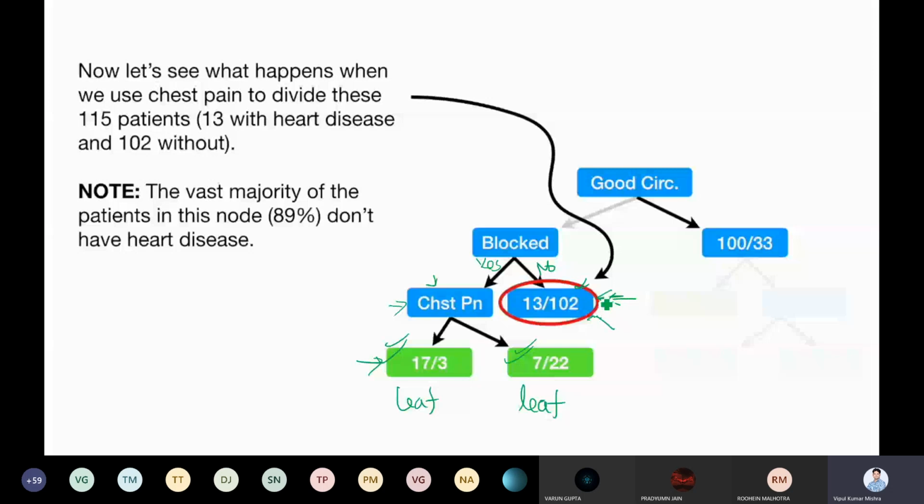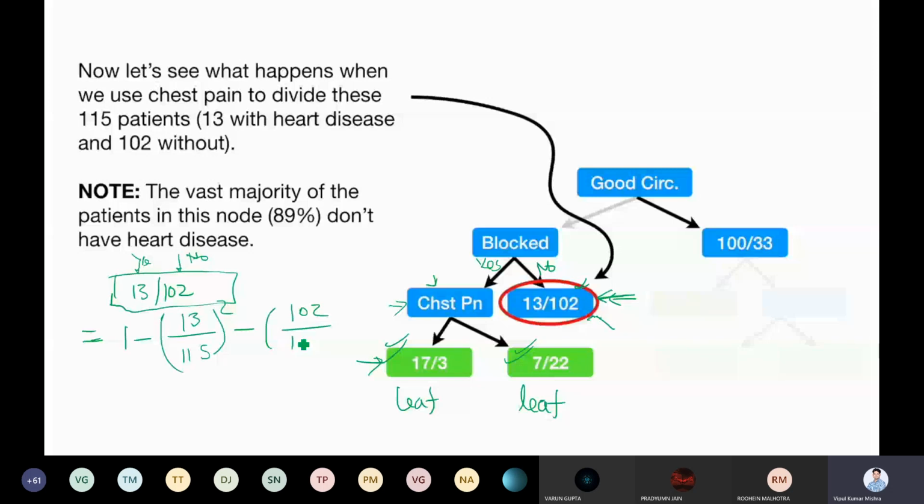That is 13 yes and 102 no. So you can say 1 minus (13 divided by 115) whole square minus (102 divided by 115) whole square. Once you compute it, you will get a Gini score for this node, right?